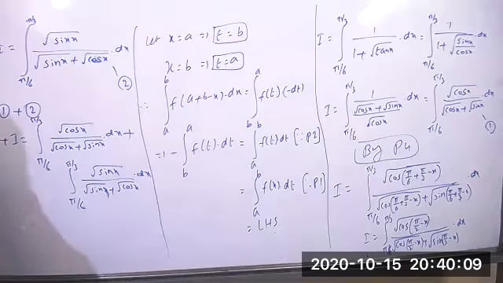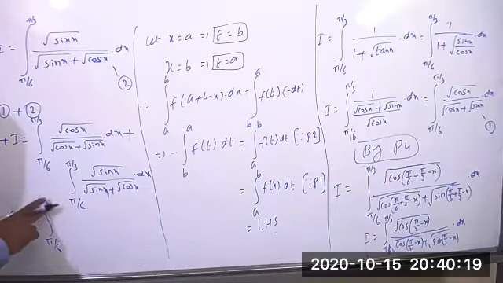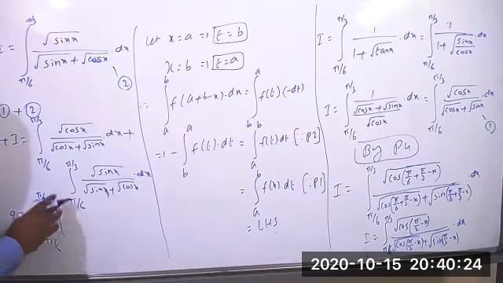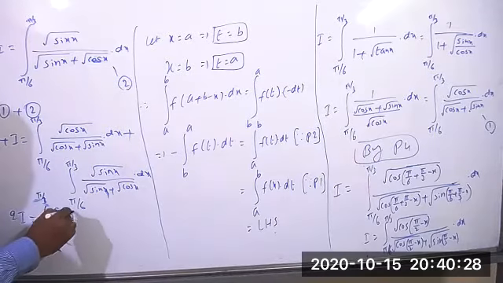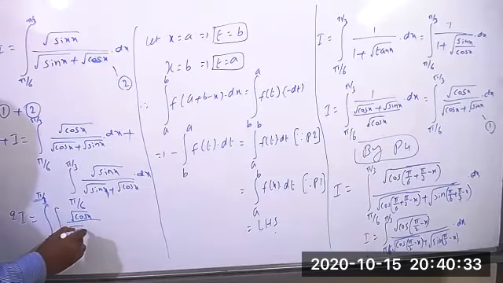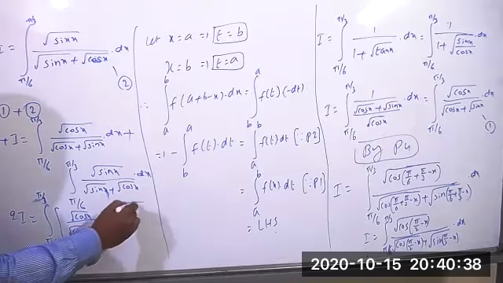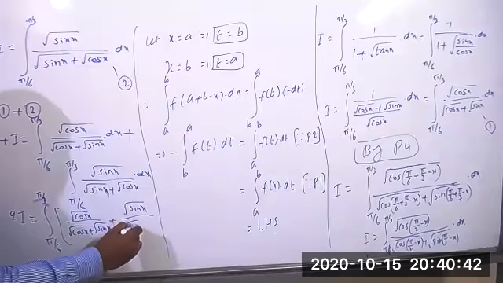We got this. Now I plus I equals, clearly we'll get 2I equals. Now what is the common here now? The common is integration of pi by 6 to pi by 3. So what about the remaining? We're taking this common and summing these two values only. So root of cos x whole by root of cos x plus root of sin x, plus here also root of sin x by root of sin x plus root of cos x.